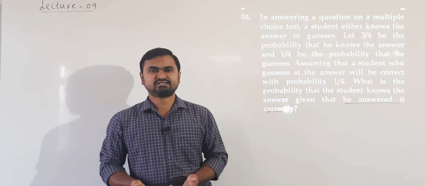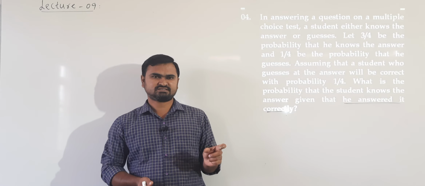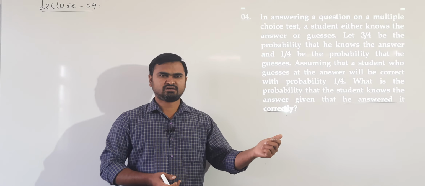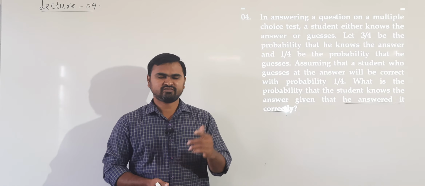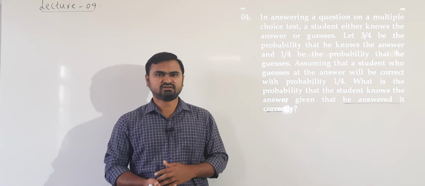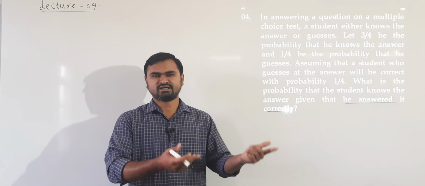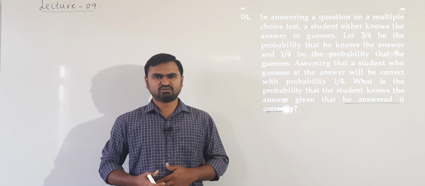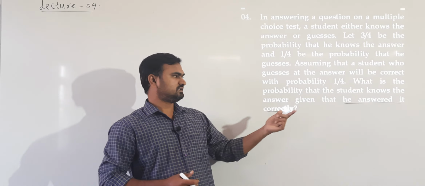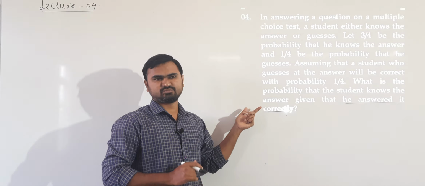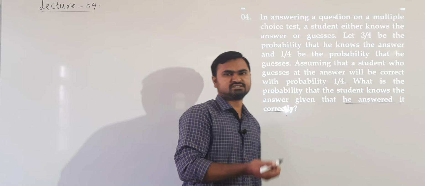Answering correctly can happen in two ways: maybe he knows the answer, or maybe he is guessing. Even if he guesses, the answer may still be correct. I have given the question, he answered it correctly, and that we already know. Now, in that case, what is the probability that the student knows the answer?